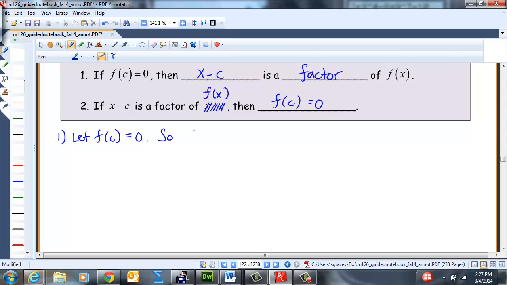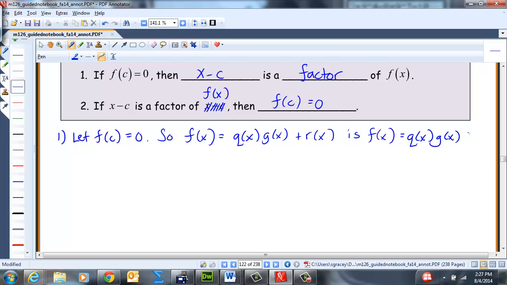So f at x equal to q at x times g at x plus r at x becomes f at x equal to q at x times g at x plus 0, because we have a 0 remainder.